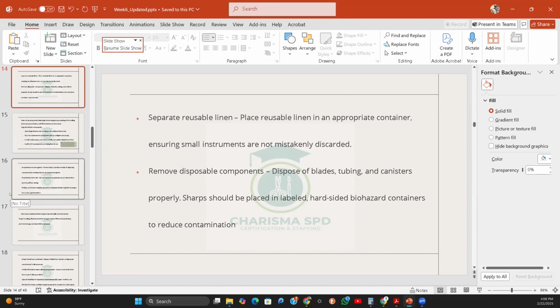Sometimes some instruments are used alongside the linen, and they are so tiny that they get embedded in the linen, and then they are not noticed and not taken out, and they go with the linen, and that can injure somebody if they are sharp. All right, so we always have to separate the linen from reusable items. Any questions so far?